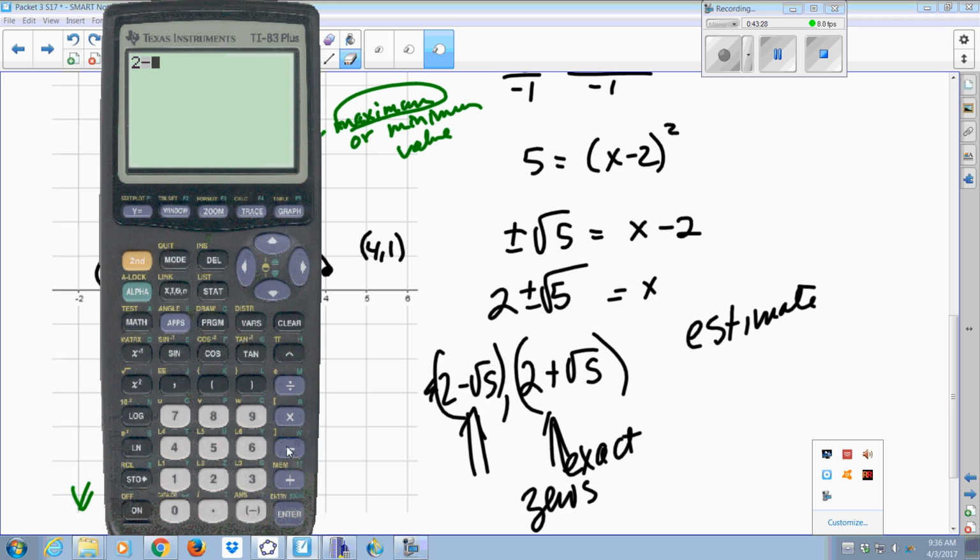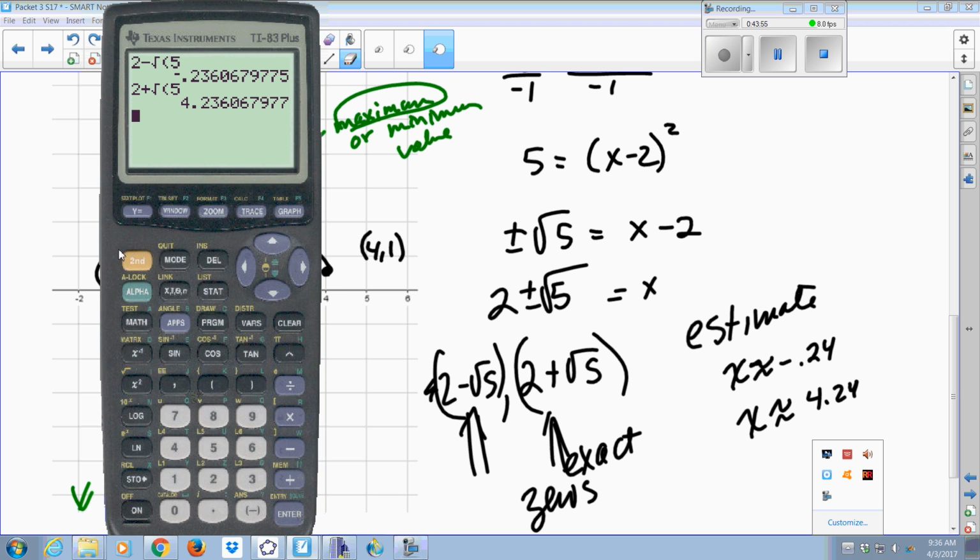2 take away the square root of 5 is negative 0.236. So I'm going to say, okay, 1 x is approximately negative 0.24. And what's the other zero approximately? 2 plus the square root of 5. 4.24.